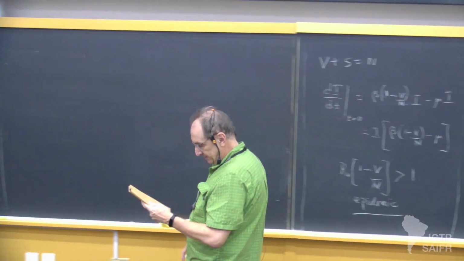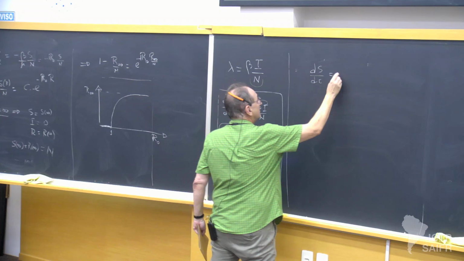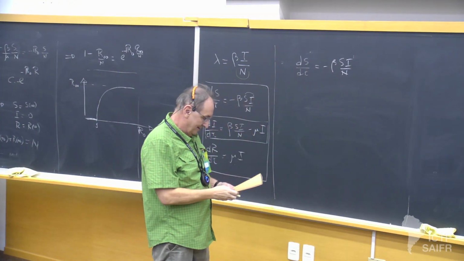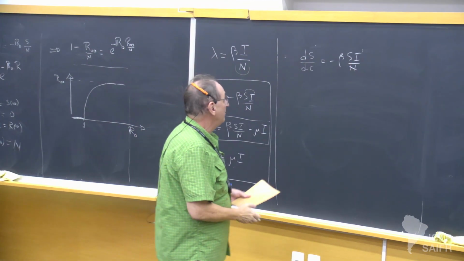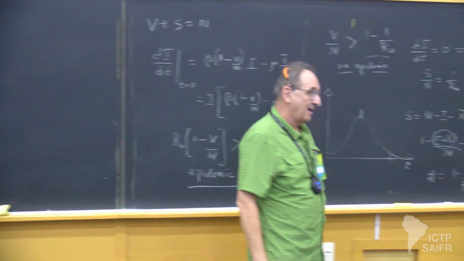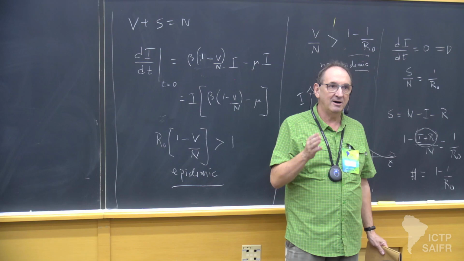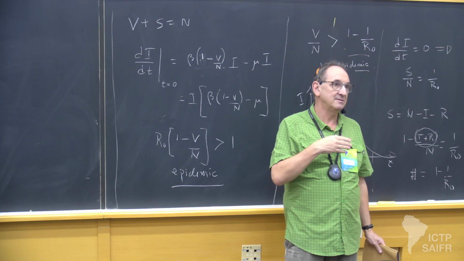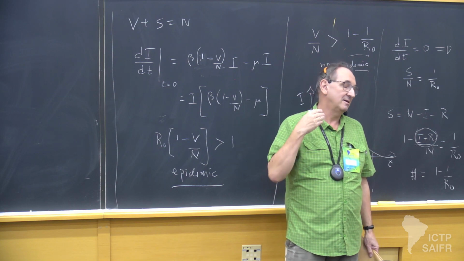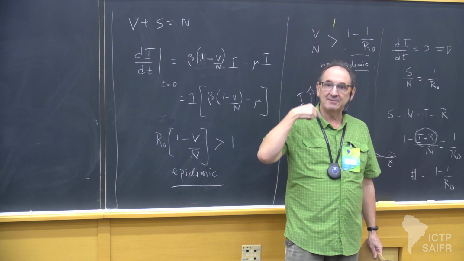And this model would be like what? You have here minus beta SI. Then we will suppose that there is a death rate which is independent of the person being susceptible, infected, or removed, in the sense that that's a natural death rate.